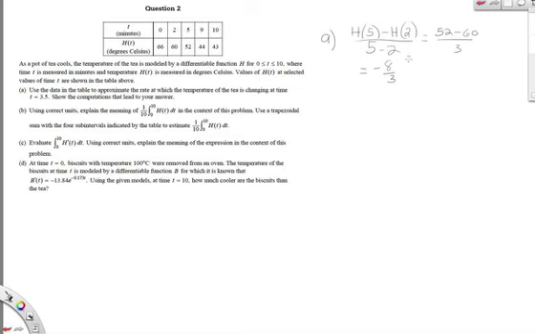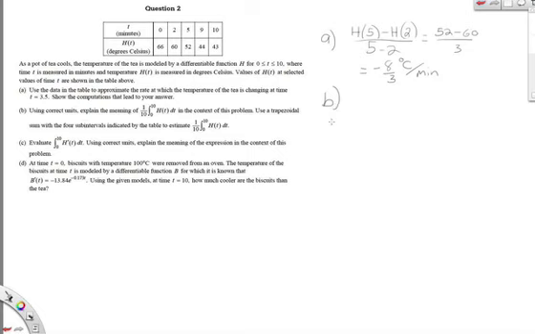Units would be degrees Celsius per minute. And so just use the data to approximate the rate. Don't explain it, just show the computations done.